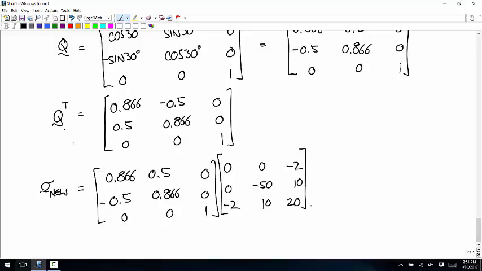And then that's multiplied by Q transpose, 0.866, negative 0.5, 0, 0.5, 0.866, 0, 0, 0, 1.